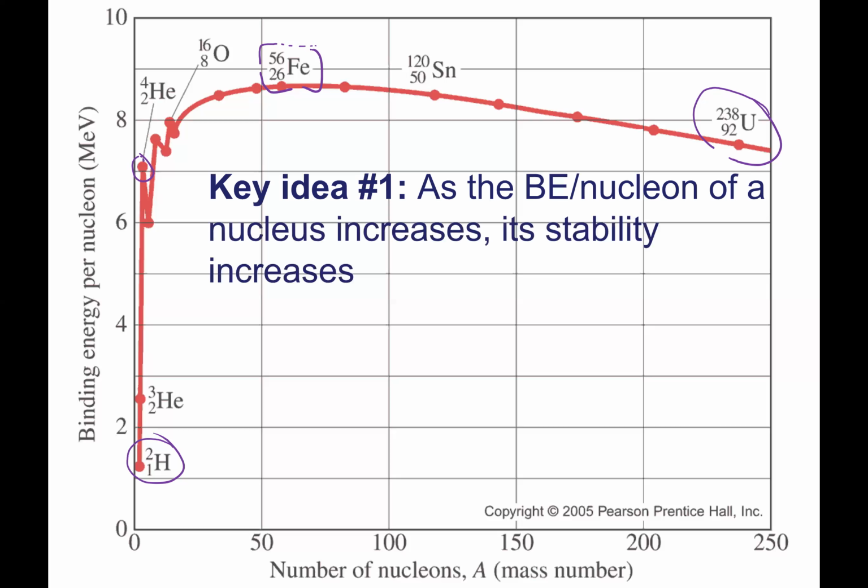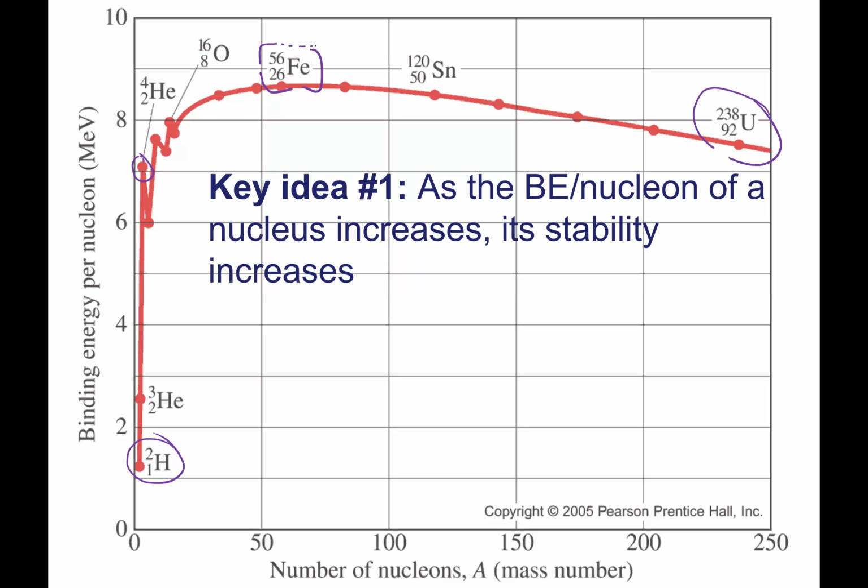Key idea number 1: as the binding energy per nucleon of a nucleus increases, it is more stable. So just by looking at this graph, the most stable nuclide is iron-56. It has the highest binding energy per nucleon, which means you would have to give it more energy per nucleon than any other nuclide on this chart to disassemble it.